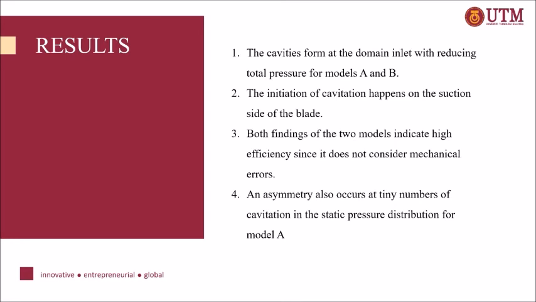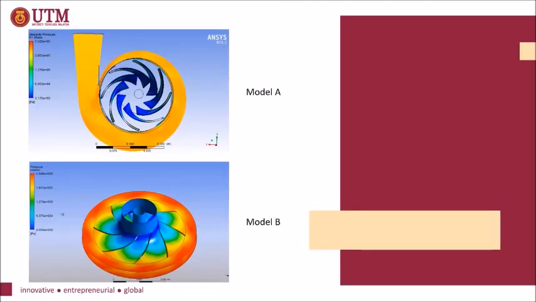The cavities form at the domain inlet with reducing total pressure for Models A and B. The initiation of cavitation happens on the suction side of the blade. Both findings of the two models indicate high efficiency since it does not consider mechanical errors. Asymmetry also occurs at tiny numbers of cavitation in the static pressure distribution for Model A.